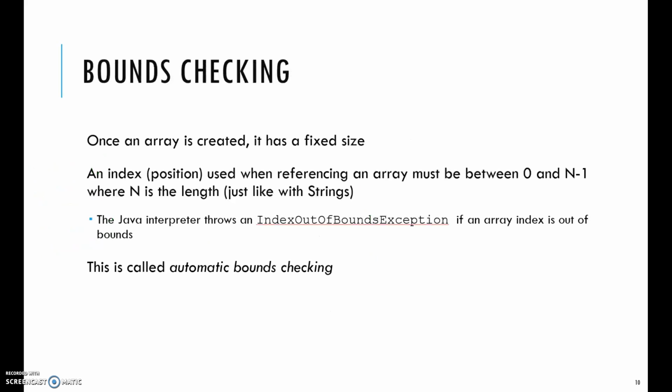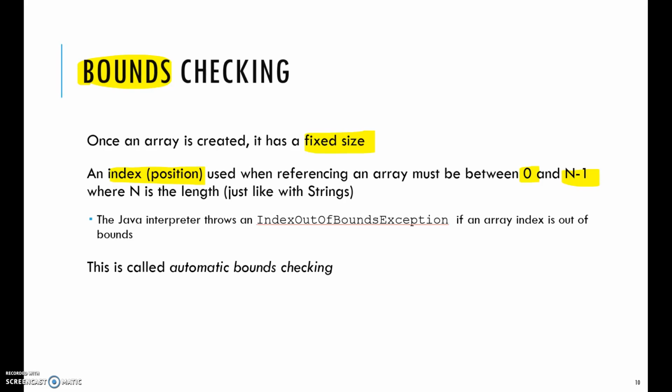Just like with strings, a common error is going out of bounds. So when our array is created, like I mentioned, it has a fixed size, and this fixed size or position or index, if we're trying to access the index of an array, then it is going to have an index value between 0 and n-1, where n is that fixed size or that length of the array.